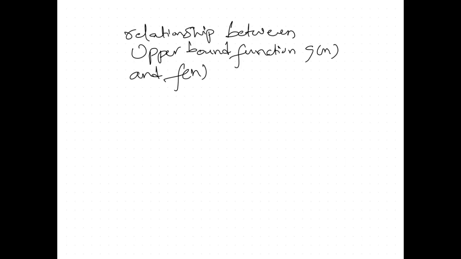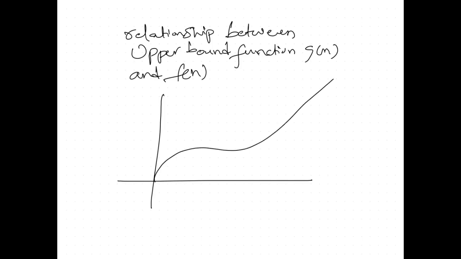So what is that relationship? This is f of n, this is g of n. Now I want to establish a relationship between f of n and g of n.